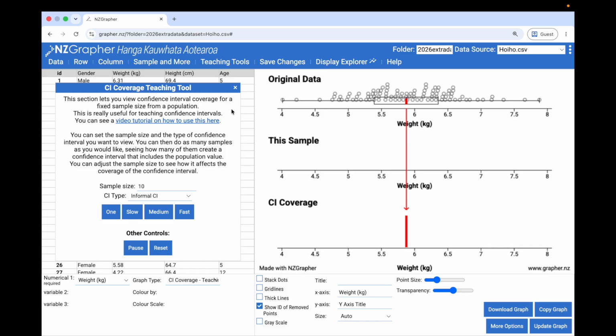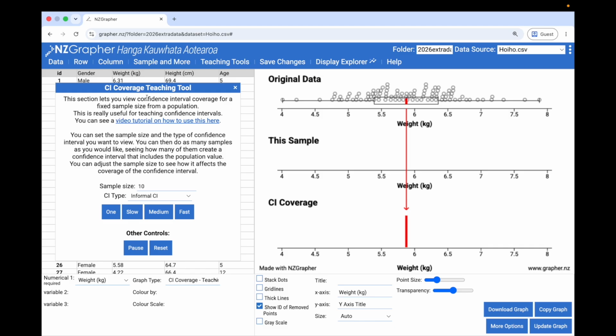So this is looking at the range of data there. So what I've got here is that same bit of data, all 100 of them. Then we're going to take a sample and see what the confidence interval would be for that sample.